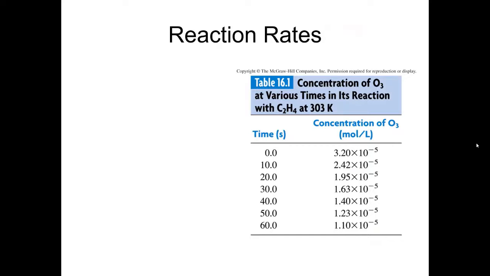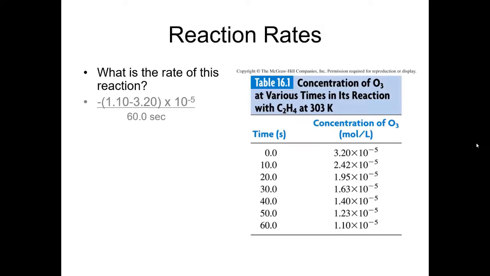So one thing that we might look at is the overall rate. So the overall rate is from the beginning of the reaction to the end of the reaction. What was our average? So we're going to take our final concentration, 1.1 times 10 to the minus 5, and subtract our initial, 3.20. Okay?